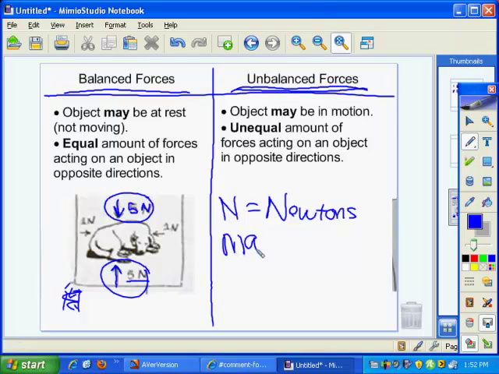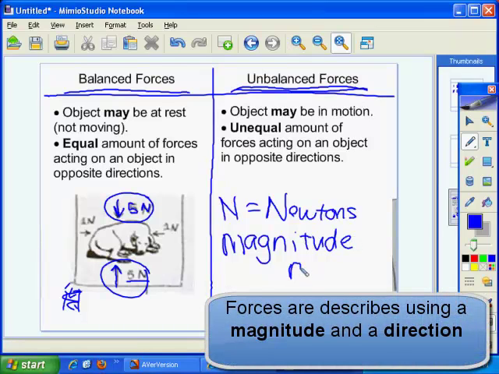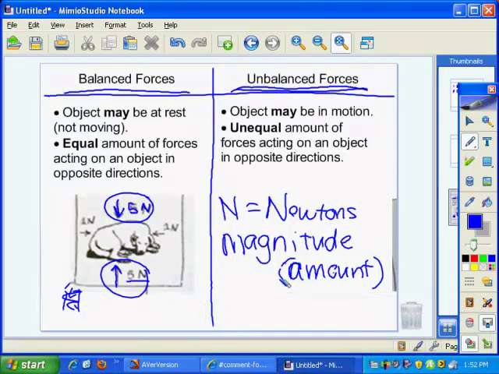Magnitude means amount, essentially. So if they say an earthquake had a magnitude of 7.5 on the Richter scale, that's the amount of shaking that went on. If we look at the other arrows drawn here, it's 1 newton, and in the opposite direction, it's also 1 newton.